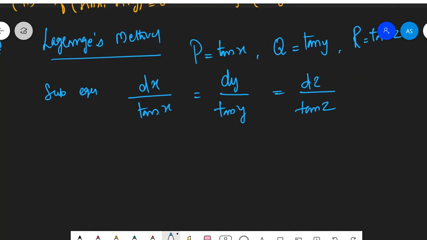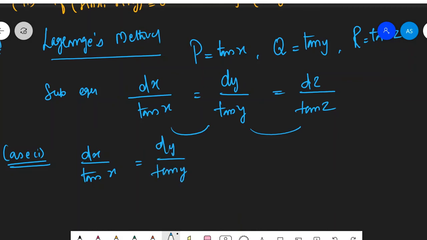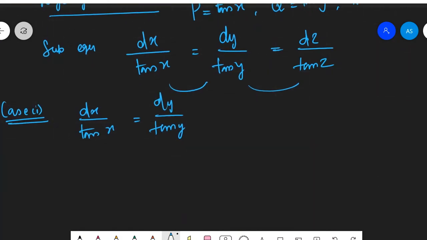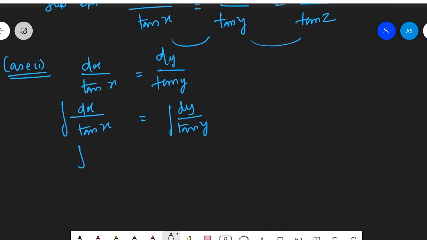Now, we have to equate 1 and 2, 2 and 3, or 1 and 3. In case 1, I am going to equate the first two terms, dx by tan x equals dy by tan y. Now, I am going to integrate on both sides. 1 by tan x is nothing but cot x.